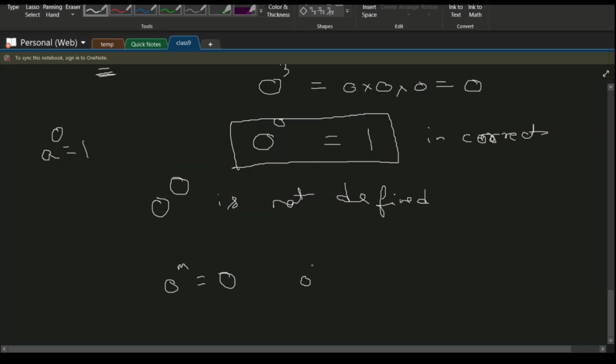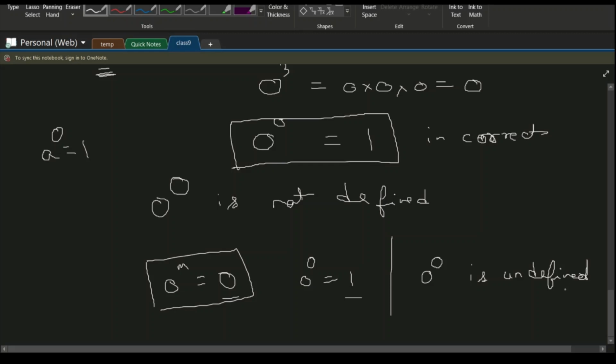So how can 0 to the power 0 give me 1? Because 0, if I raise it to any power, it becomes 0. So actually this is kind of ambiguous. So if someone asks you what is 0 to the power 0, we'll say 0 to the power 0 is undefined.